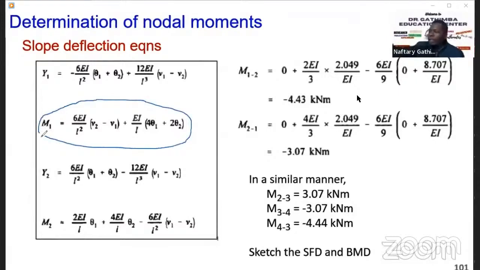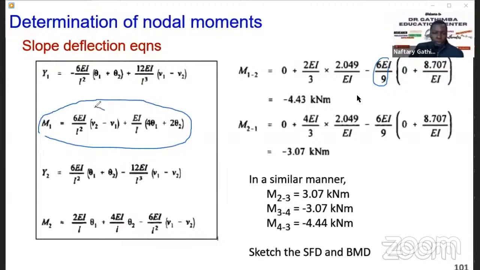whereby looking at this, we can simplify our expression. We know this is 6 EI over L squared, L squared, this is 9. So this is this part, 6 EI over L squared. Then we know V2 is minus. So you see, if we take this minus out, this one becomes positive. So V2 is minus 8.707 over EI.